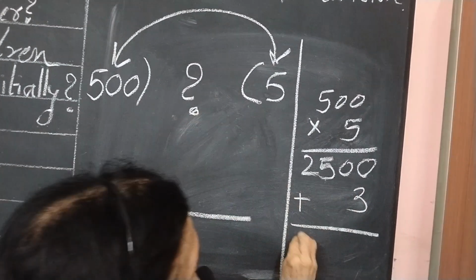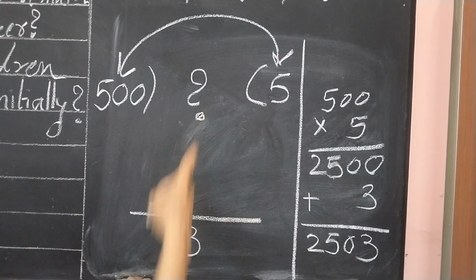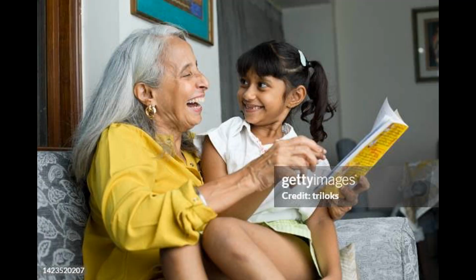So here the figure is going to be 2503. This is going to be our answer. So honey, have you now followed Multimar examples? Very funny, aren't they?